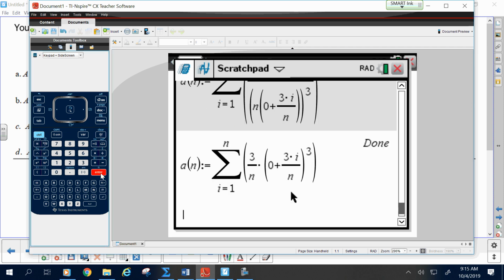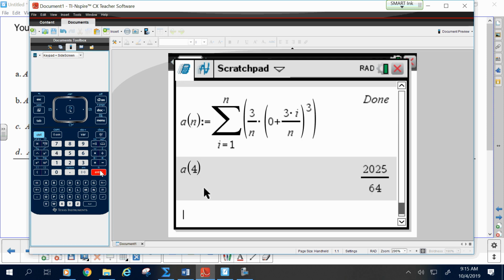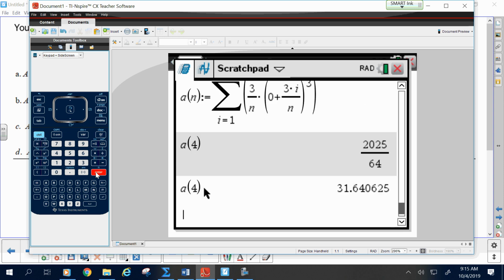Okay, so what do we do first? 4 rectangles? Did you get 2025 over 64 or 31.640? Yay.